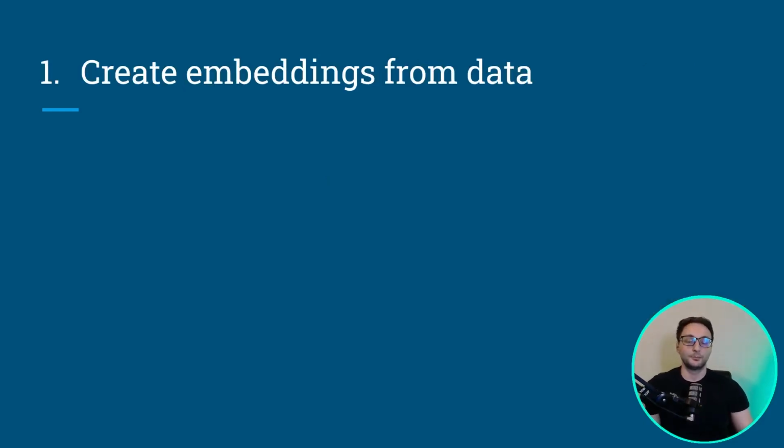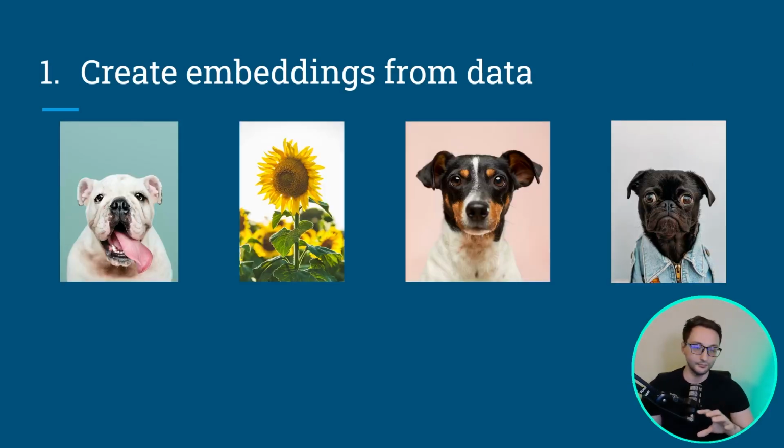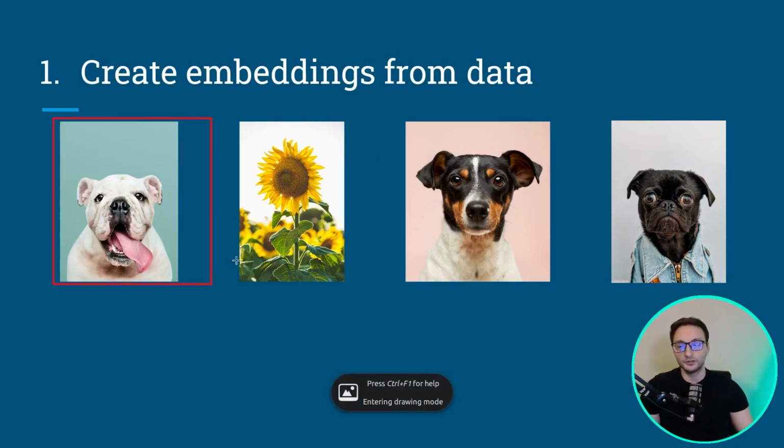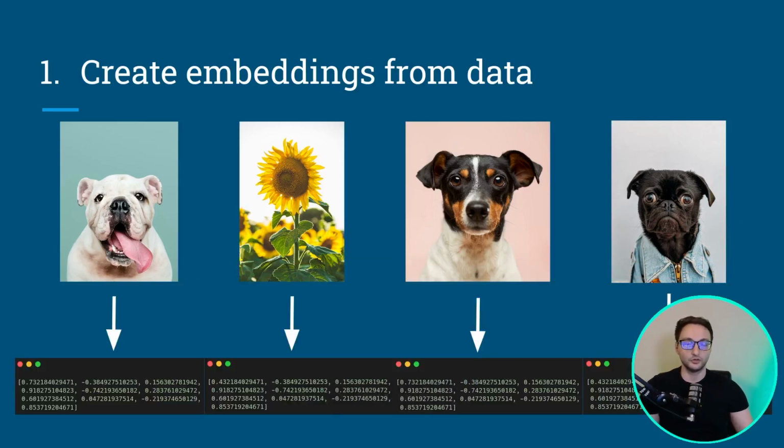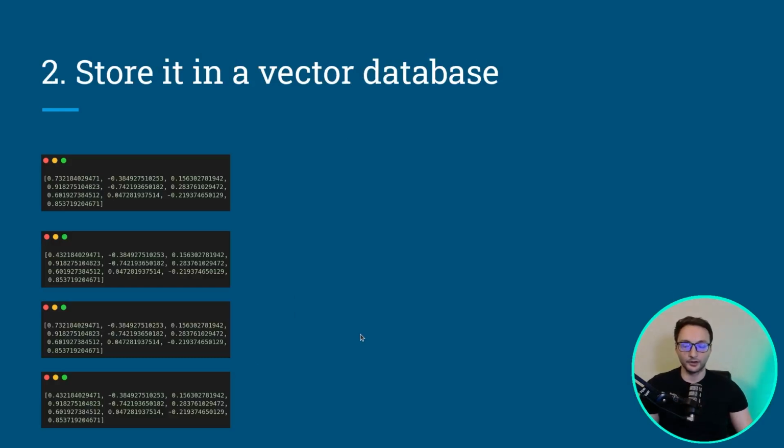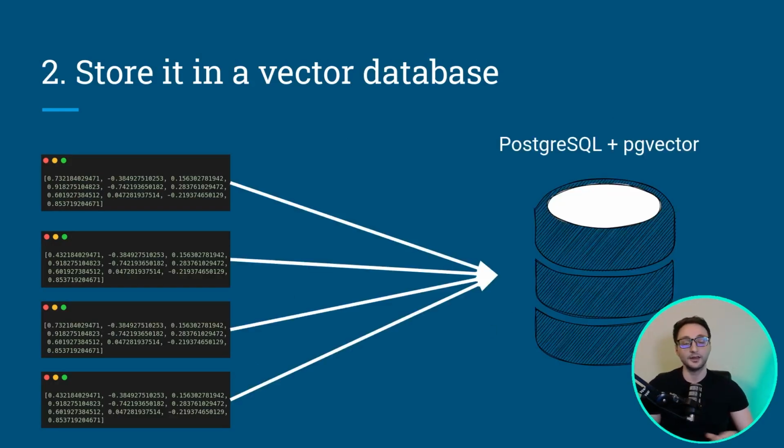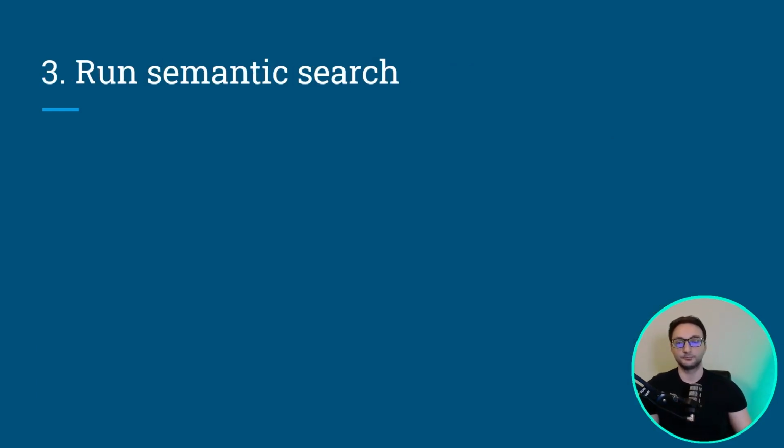So the process is basically this. You create the embeddings from the data. So you have all the images, including the original image and your other images, and then you turn these into vector representation. So you will have a bunch of arrays with a bunch of numbers. You store them in a database. All right, so you have these vectors, you store them in a database. In this example, we are using Postgres and PG Vector because the core of the video series is about PG Vector. So we are storing everything in PG Vector, and then now you can run semantic searches.